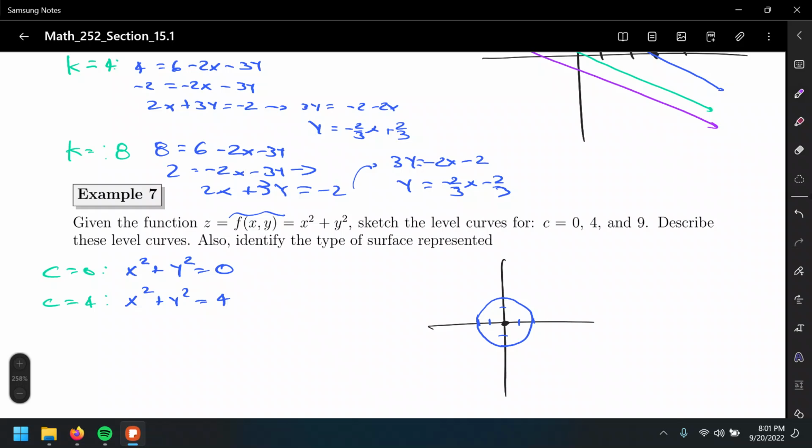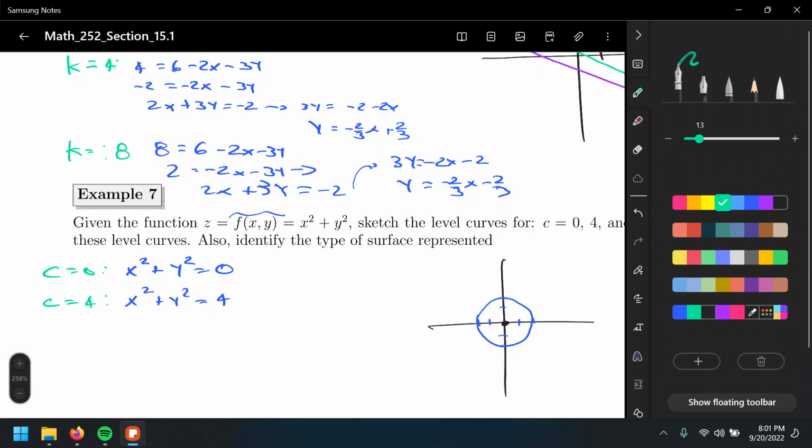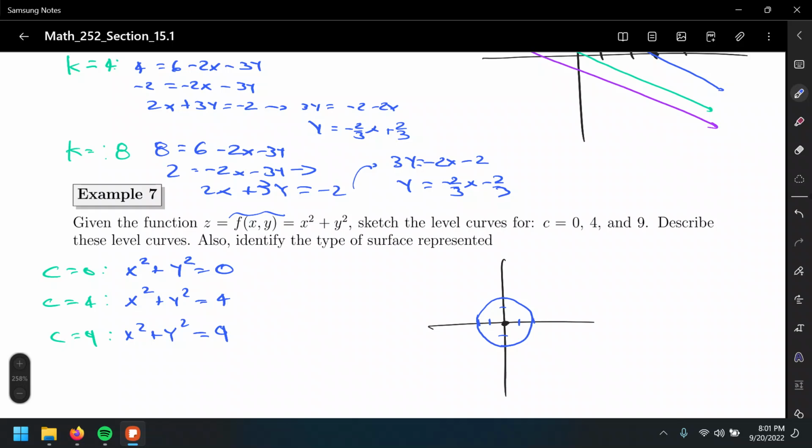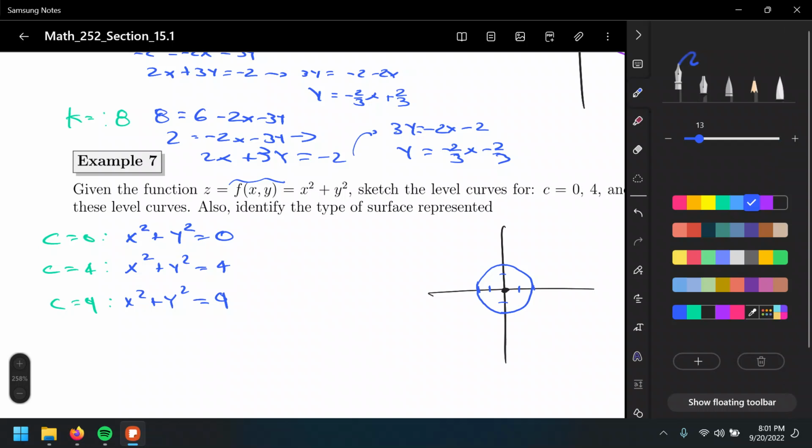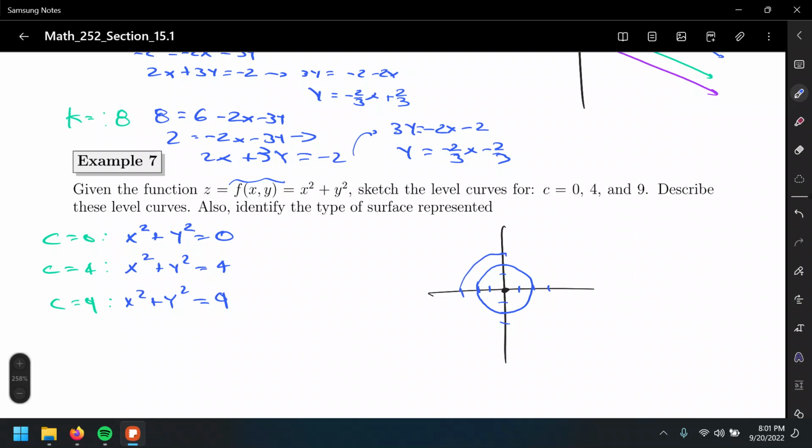For c equals 9, that's x squared plus y squared equals 9. And what's that? That's another circle. But what's the radius for this one? It's radius 3. And let's draw the circle.